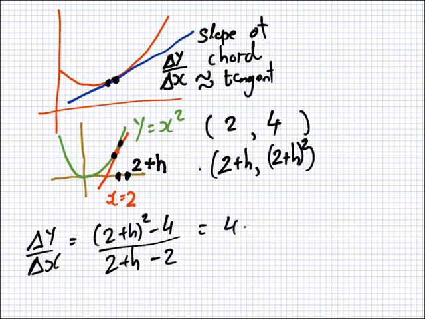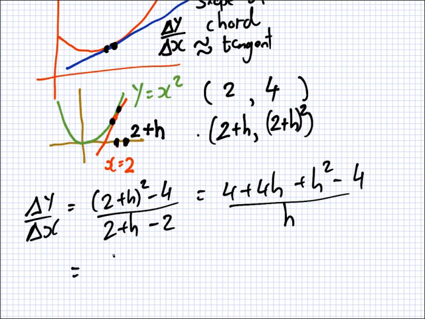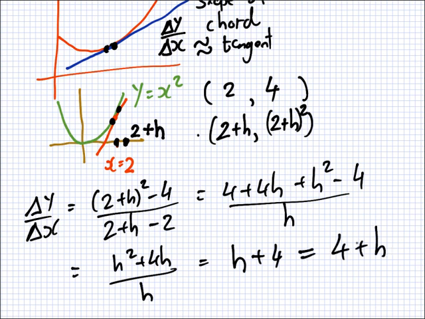That will be 4 plus 4h plus h squared minus 4, over h, which will be h squared plus 4h over h, which will be h plus 4. We normally put the h at the back: 4 plus h. So that's the answer. That's the slope of the chord.